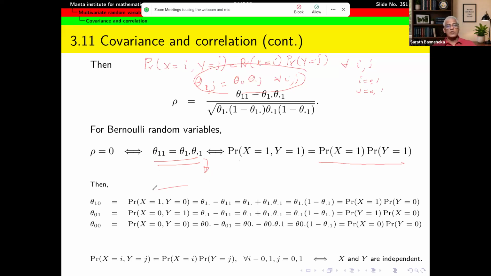For example, let me just take one and then I will leave the others for you to prove. I have proved them here. So let's consider theta 1, 0. Theta 1, 0 is the probability x equal to 1 and y equal to 0, right? So that is equal to theta 1 dot minus theta 1, 1, because the sum of this and this is equal to this one, right?